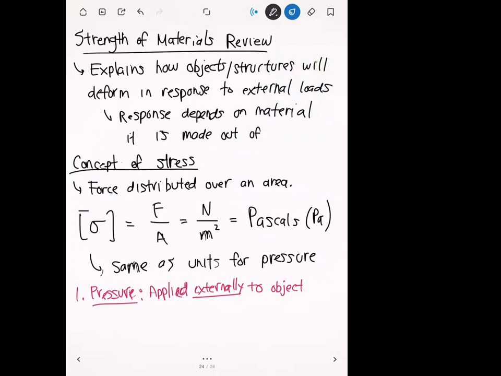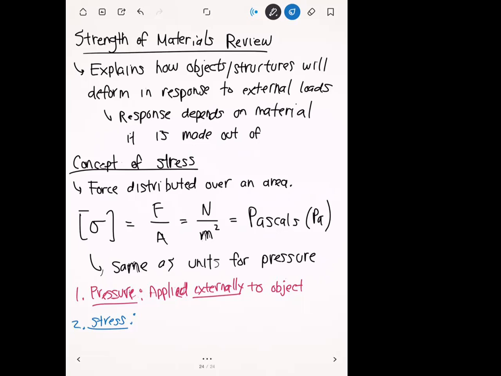The analogy that I gave in my last class in biomechanics is that you can think of pressure as something your professor applies onto you by making you do assignments, projects, and exams. It's something applied externally to what you're examining. That's reflected in the boundary conditions we can apply in ANSYS too. Remember, we talked on Monday that boundary conditions are something you apply externally to your object, and one of them is a pressure. So that lines up with this definition.